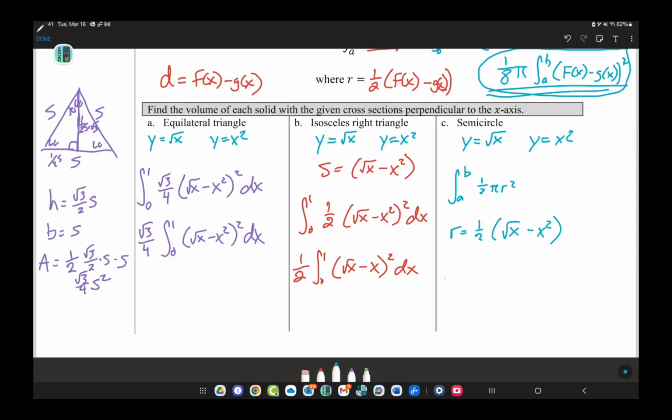So plugging all that in, integral from 0 to 1 of 1/2 pi times that squared, so 1/4 of the square root of x minus x squared squared, which you can simplify as 1 over 8, or pi over 8 if you want, integral from 0 to 1, square root of x minus x squared squared dx.